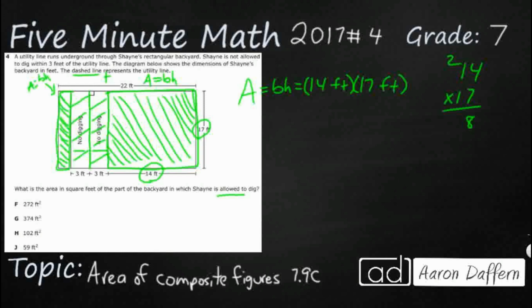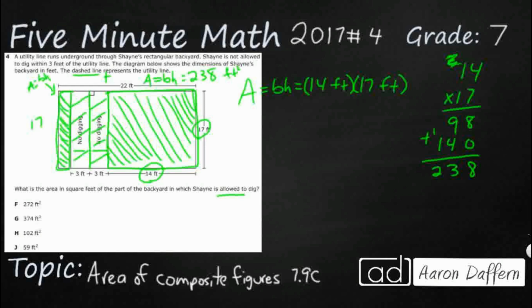Carry the 2. 7 times 1 is 7. Add that 2 is 9. On the second row, I'm going to put a 0, and then I can just write down my 14 as long as I leave it lined up. I'm going to have 8, 13. All right, so 238. So this first one is 238 square feet.